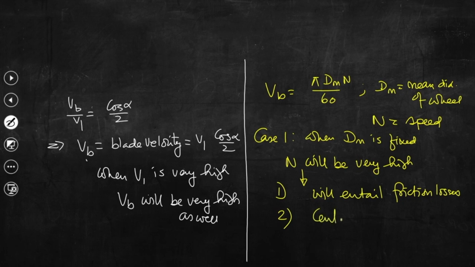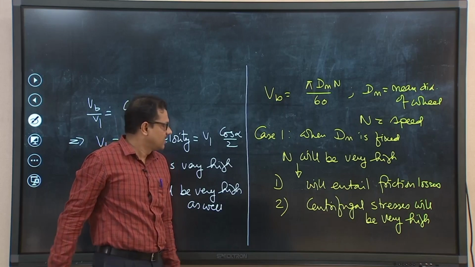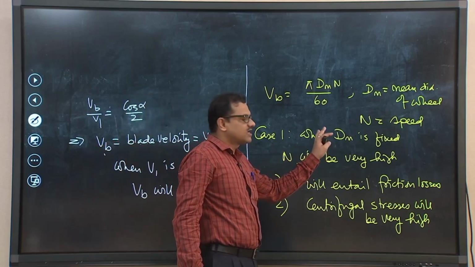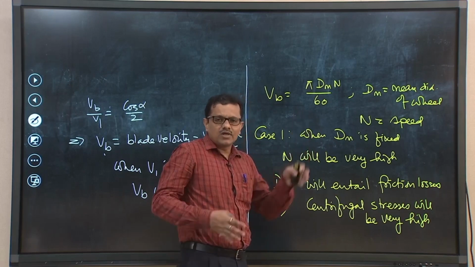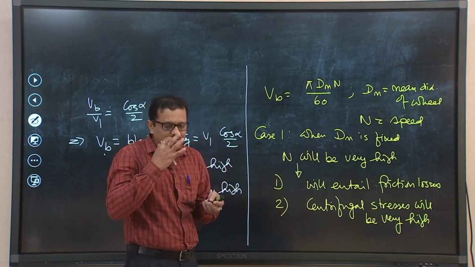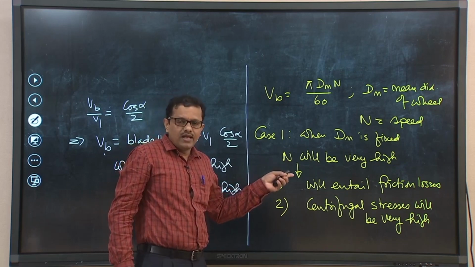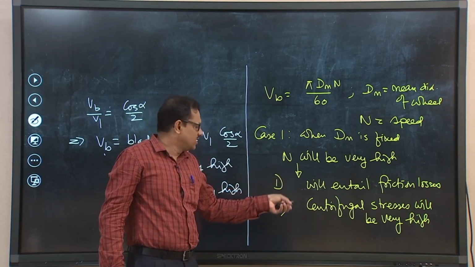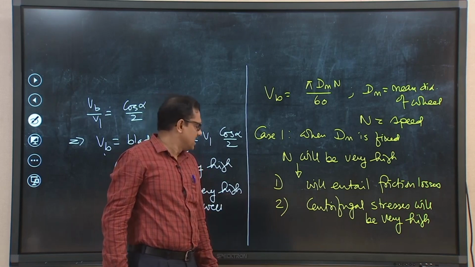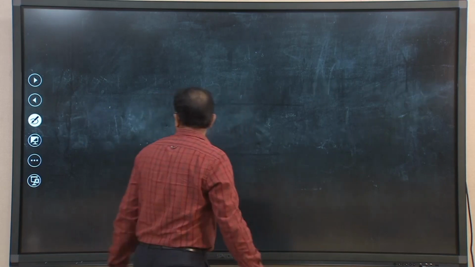So, these two are not desirable for the efficient or smooth operation of the turbine unit in a power plant. So, that means we can understand that allowing the total enthalpy drop in a single stage turbine will lead to these problematic issues, and case 2 would be, so let us discuss case 2.